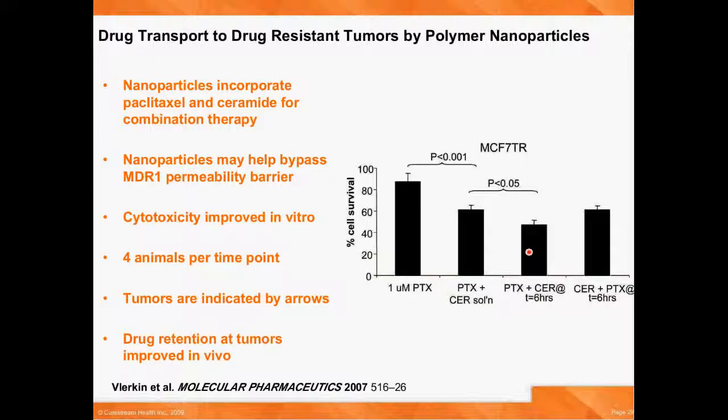There's a big question, though, in tumor biology as to how well a nanoparticle will indeed be delivered to a tumor. Some groups have reported a phenomenon known as enhanced permeability and retention of nanoparticles, whereby the leaky vasculature of the tumor enhances the delivery of these nanoparticles to the site.